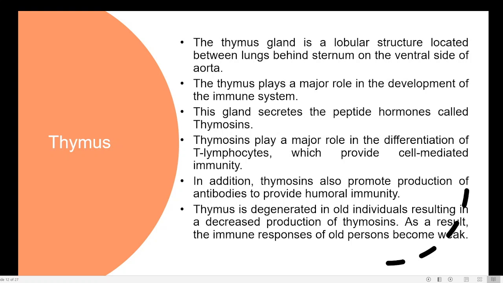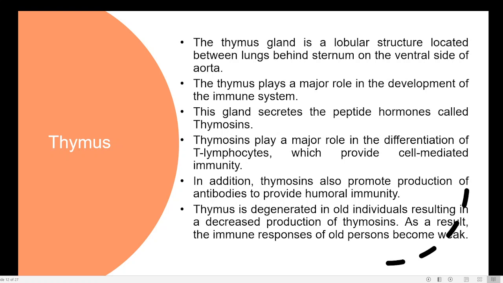So thymus is degenerated in old individuals, resulting in a decreased production of thymosin. So what is the major hormone produced by the thymus gland? It is thymosin, and as a result the immune response of the old person becomes weak. That is why, when there are new diseases, doctors always say that children and the old should be given more care, because older people's immune system is not so active, not so strong in fighting infection.